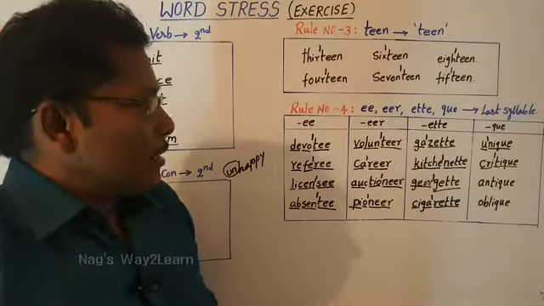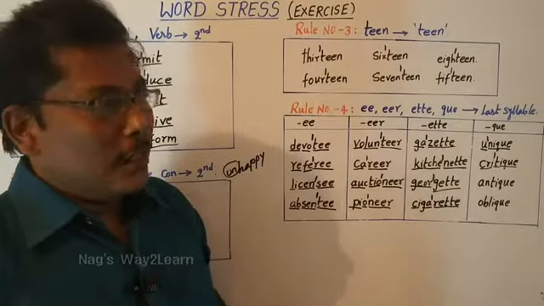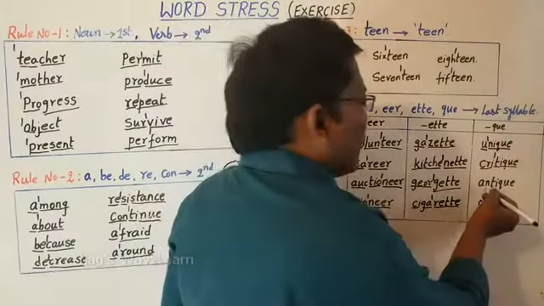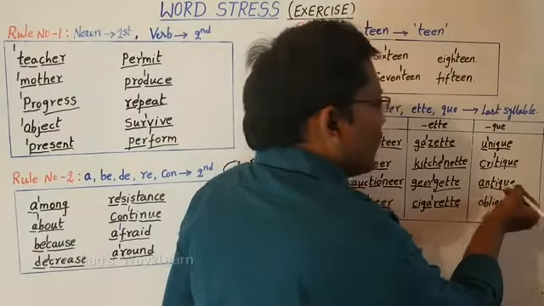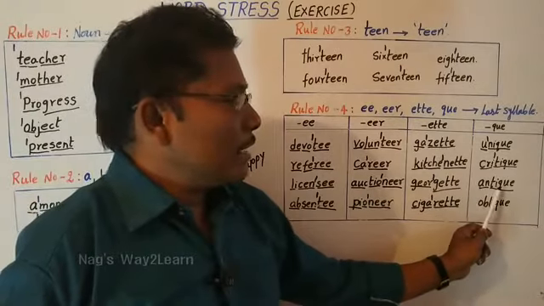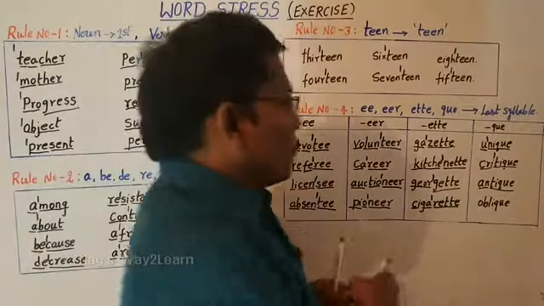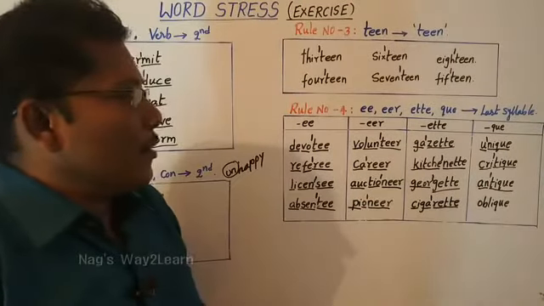And the next one is antique. The syllables are an, tique. An is the first syllable, and tique is the last syllable. So you put the stress mark on tique. And finally oblique.